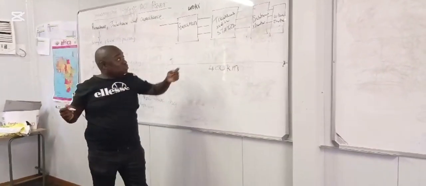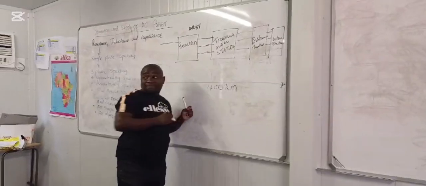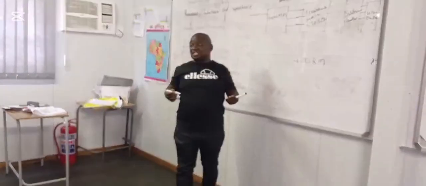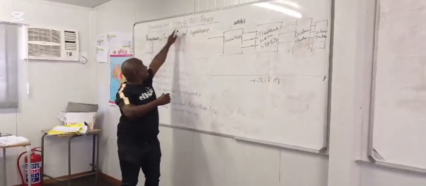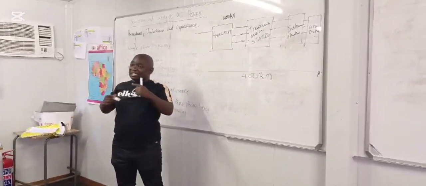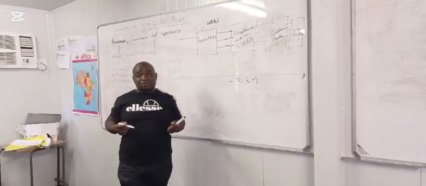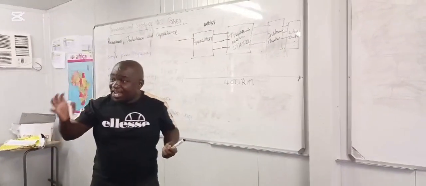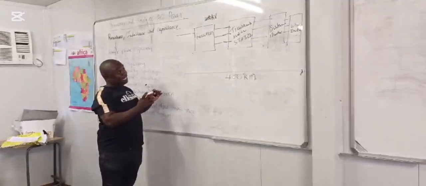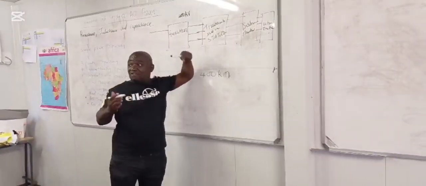When it arrives at the transmission station, remember, this is 3-phase. We are talking about 3-phase because we are talking about AC power, alternating current power, which is continuously generated at a frequency of 50 hertz, which is our RSA frequency.